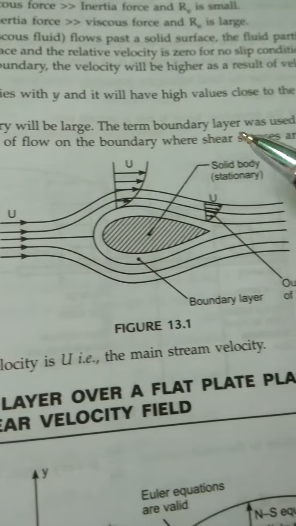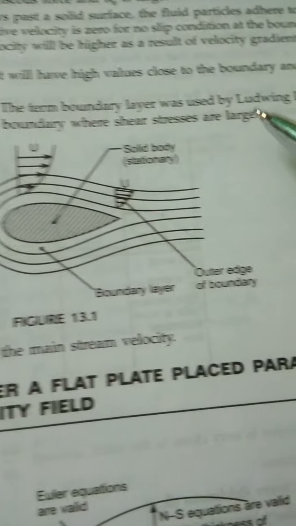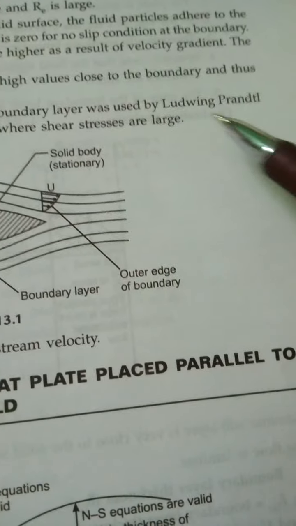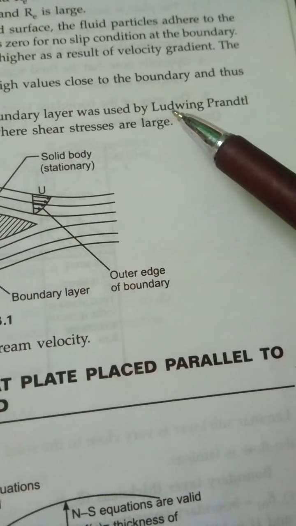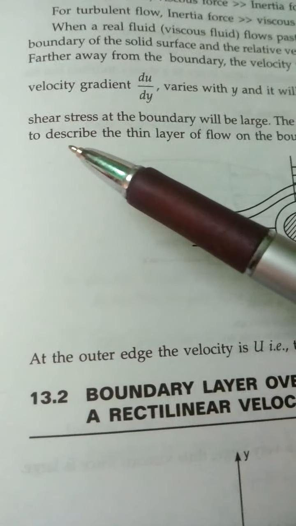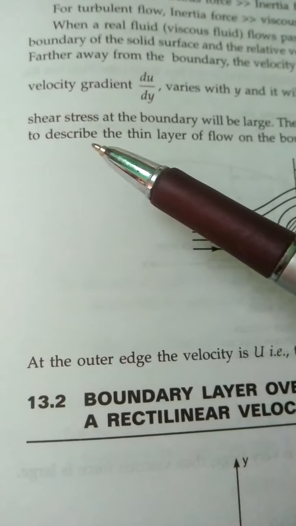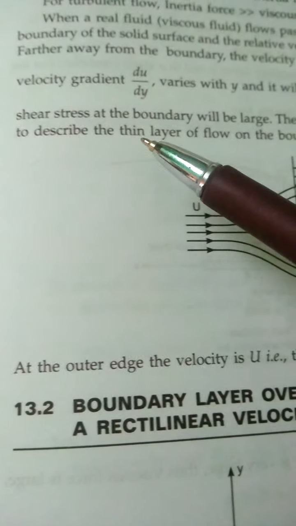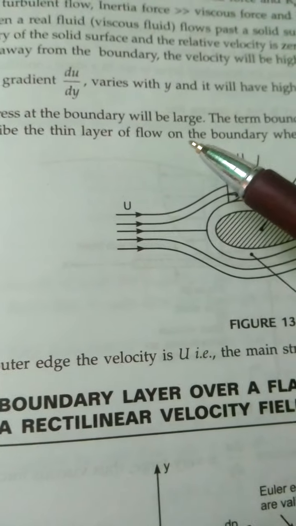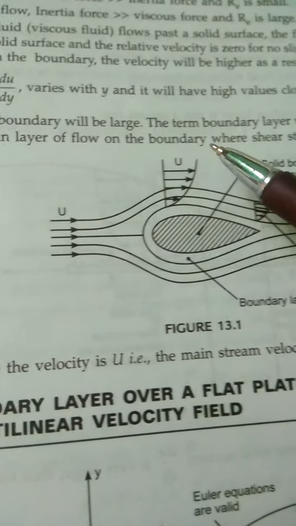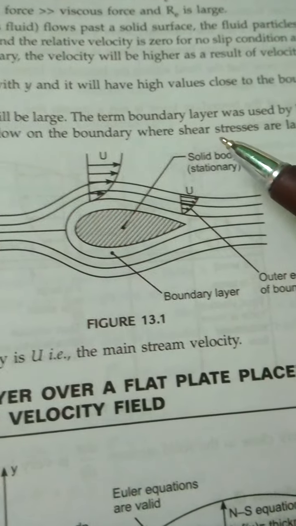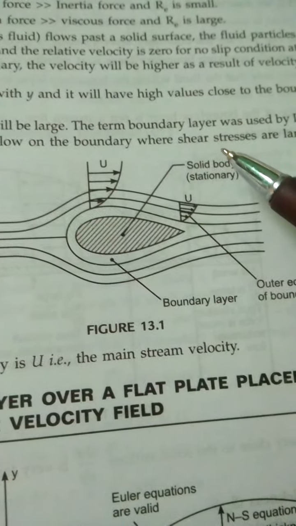The term boundary layer was used by the scientist Ludwig Prandtl to describe the thin layer of flow on the boundary where shear stress is large.